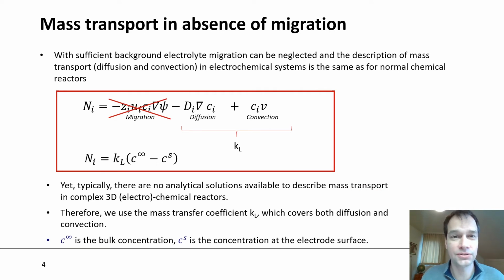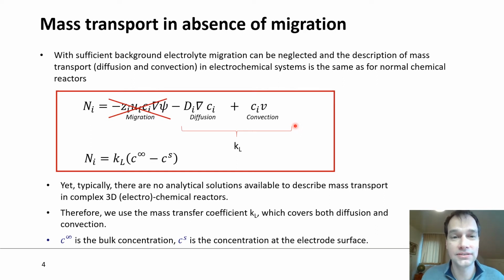Now let's go back to the Nernst-Planck equation. We have said that we can now neglect migration, so we can forget about this term. So we are left with two terms, one for the diffusion and one for convection. Now, in principle, you can try to solve both the diffusion and the convection term analytically, but this is a lot of work and very, very difficult.